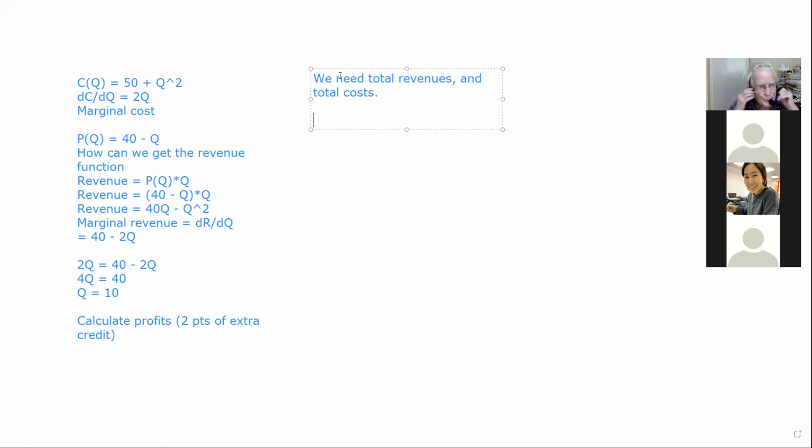But let's see how you did. Let's begin this time with total cost. And then we will derive total revenue and finally subtract total cost from total revenue for profit. There is our cost function.